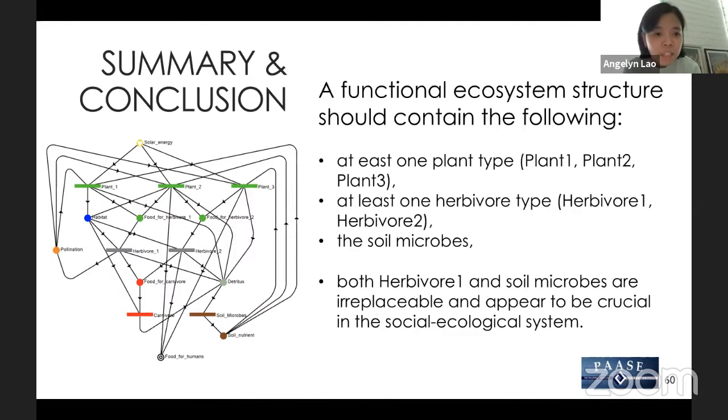So I think PGraph has a huge potential to determine good topological structure network for systems that you are interested to study. Okay, thank you. It's actually really interesting.